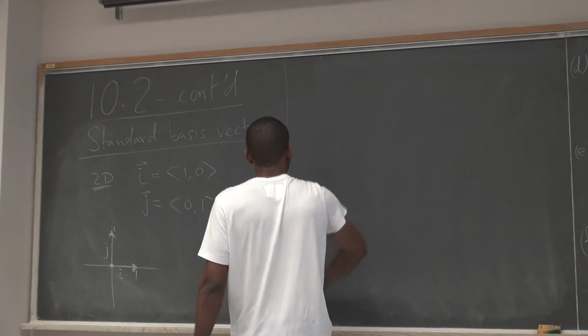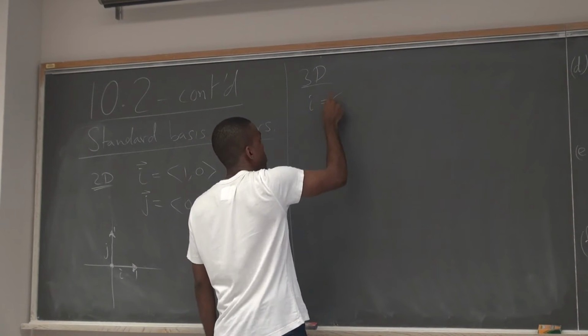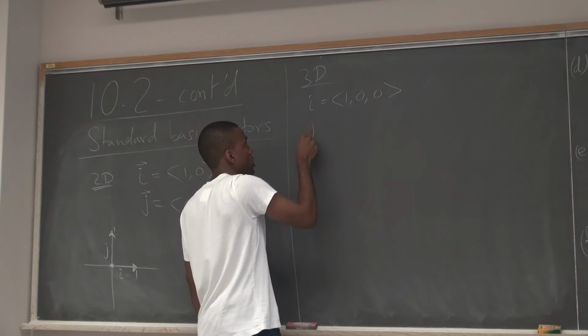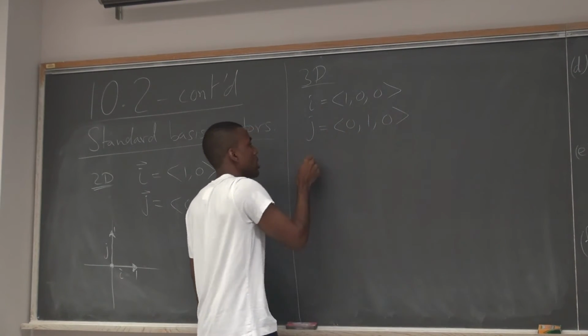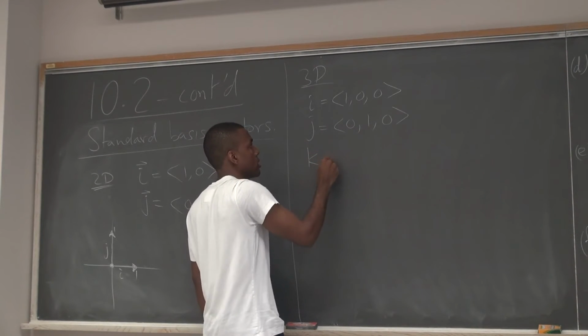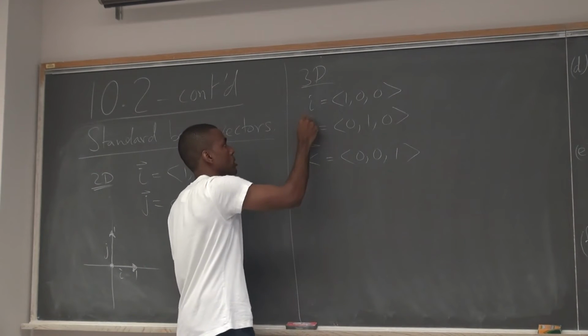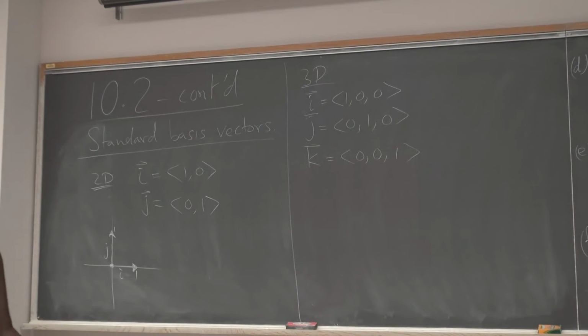In 3D, it's sort of what you would expect as well. i would be the 3 component vector with 1 in the x-coordinate, j has 1 in the second coordinate, and the third one is called k. This is 1 in the z component. These are called the standard basis vectors.